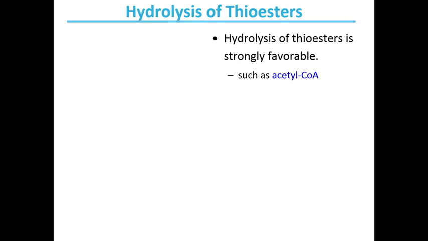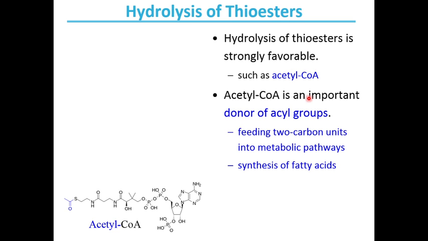Hydrolysis of thioesters is strongly favorable. For example, hydrolysis of acetyl-CoA is a favorable process. Acetyl-CoA, as you can see here in the structure, this is a CoA molecule, coenzyme A. We looked at the structure in the previous chapter, where it has a thiol, and this thiol is usually the carrier of acetyl groups, and hence acetyl-CoA.